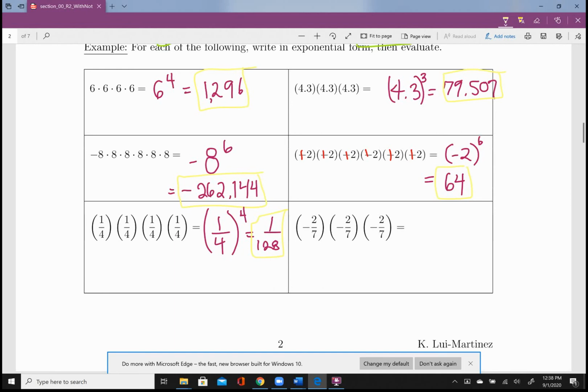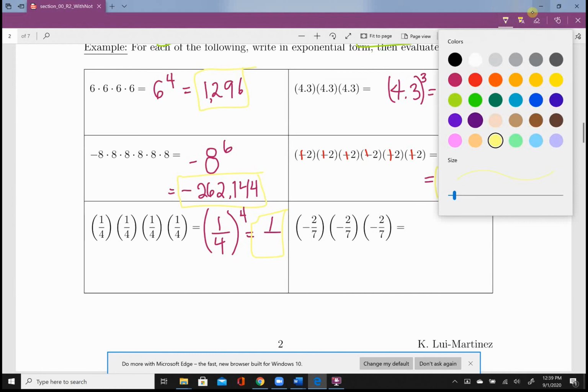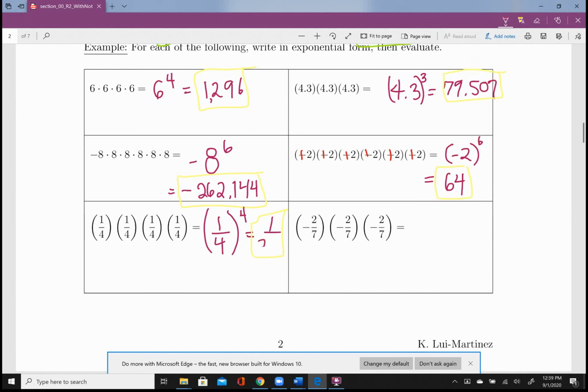Oh, sorry, 256. Yikes. Hold on. Yeah, 256. 4 to the third power is 64 times another factor 4. Oh, sorry. Yeah. Let me erase that. It was 256. My bad.